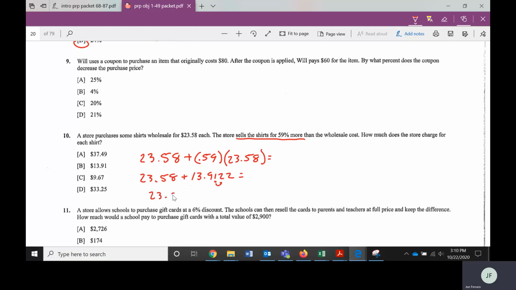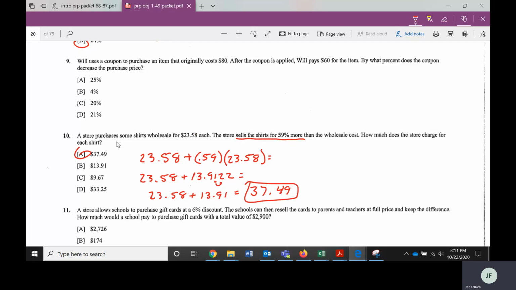So we get 23.58 plus 13.91. Okay. So we add those two together, and we are going to get a new price of $37.49, which is letter A. Okay.